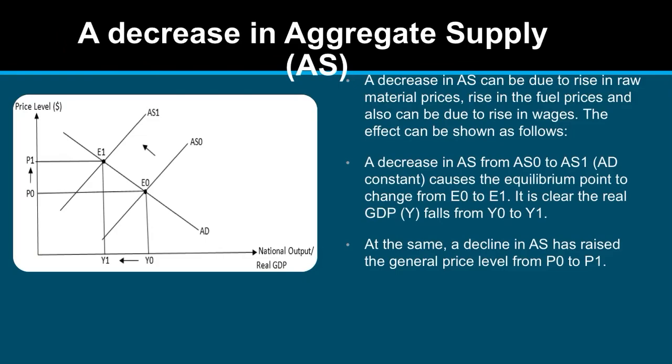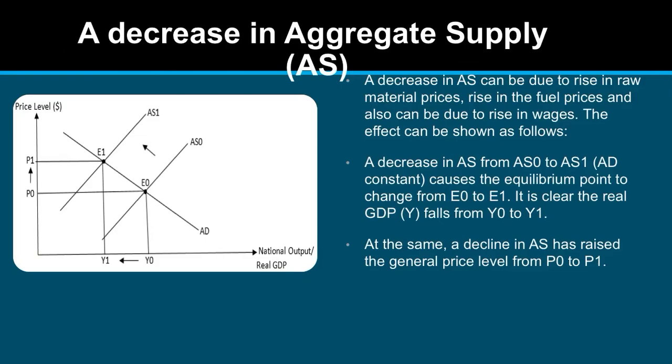The second case is a decrease in aggregate supply. This is possibly due to a rise in the cost of production in the entire economy, caused by a rise in raw material prices, fuel prices, or some other resource prices.